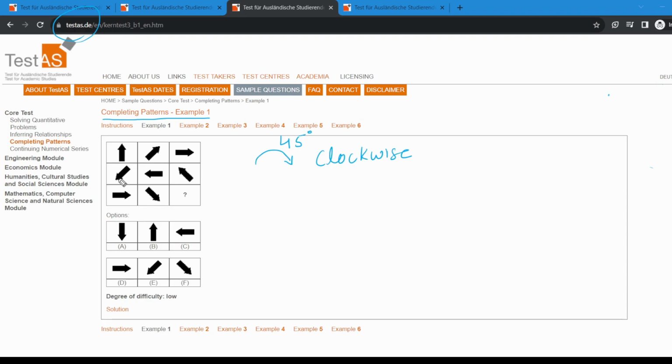So here it is facing this side and it rotates 45 degrees clockwise, and again here it rotates 45 degrees clockwise. Coming to the last section, it is facing this side and in the second phase it rotates 45 degrees clockwise. So this should face downward. So our answer is A here.